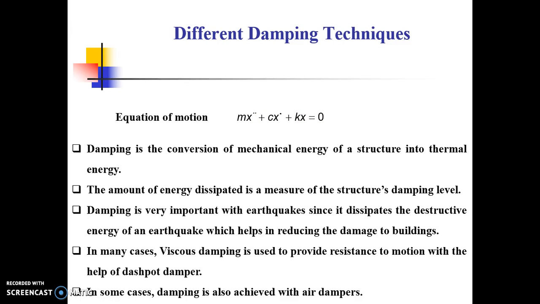Now what is damping? We can say that the damping is the conversion of mechanical energy of a structure into thermal energy. That means with the help of the dampers or damping devices, we are converting the energies, we are dissipating the energy from one form to another, and we are trying to create that damping force in any mechanical vibratory system.